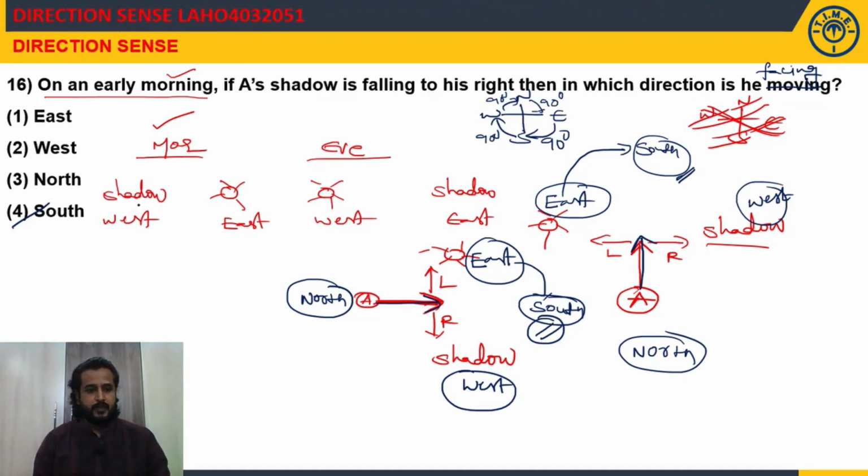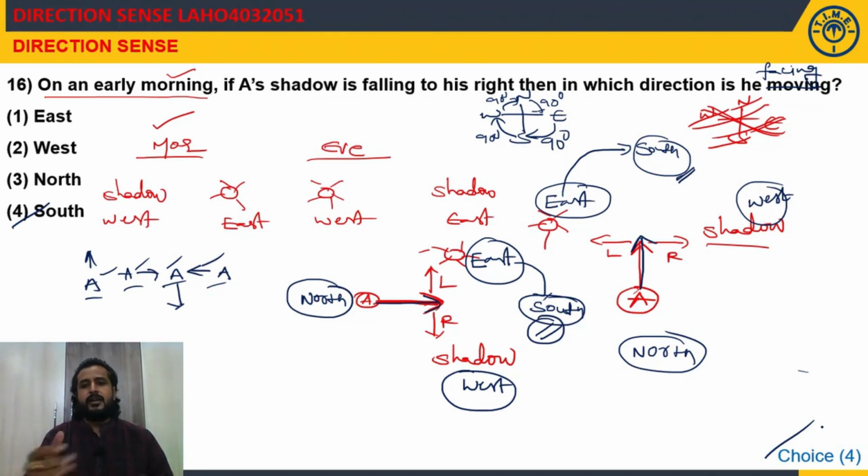You may take it initially like this or like this; in any case, my answer will be the same. So choice 4 is my answer, south. I have explained in two ways, but every time it is not required, because remember that based on the shadow, we are deciding the directions.